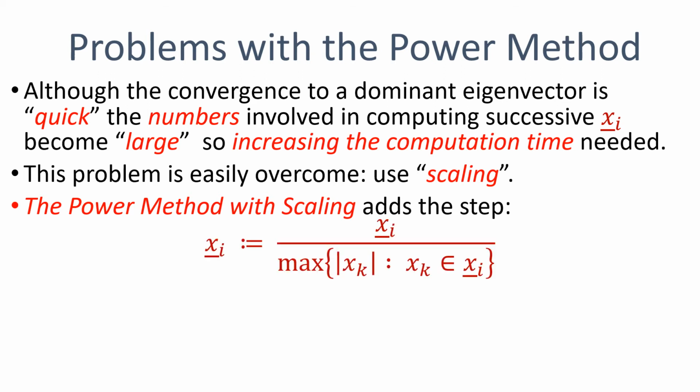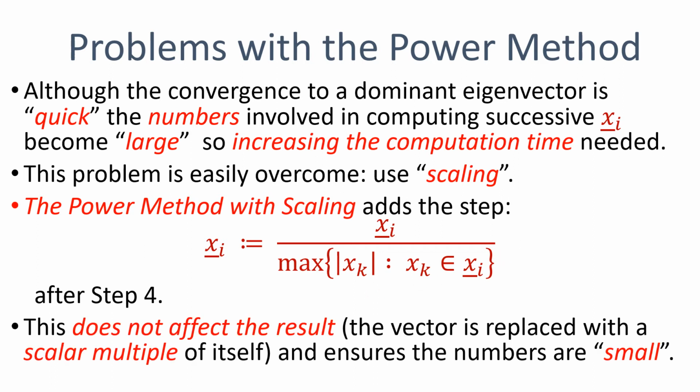And what the power method with scaling does is it adds one additional step. This step is added after the fourth step, and all we do, we take our current vector and we divide each component of that vector by the largest value in that vector itself. This is the absolute value that we're using.